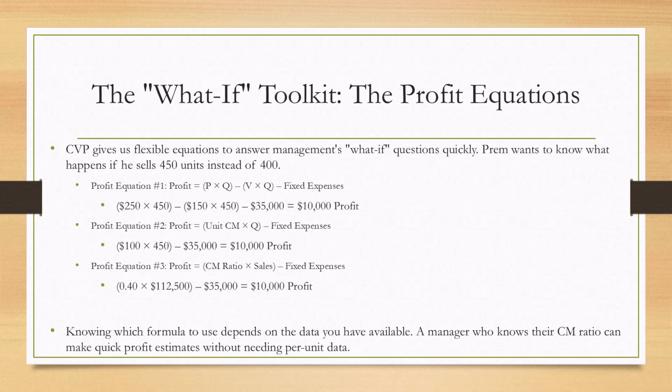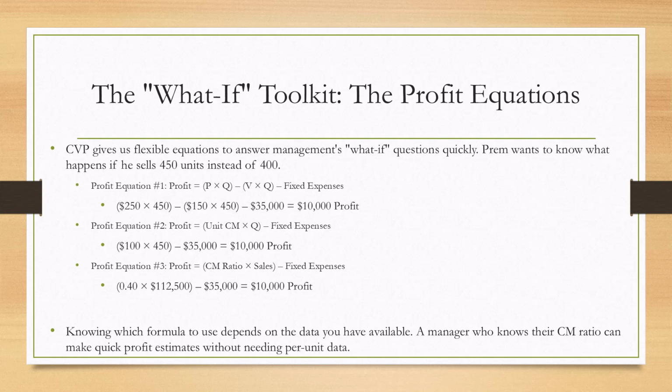CVP analysis also provides us with a set of flexible profit equations to rapidly answer those what-if questions that come up in meetings all the time. For example, Prem wants to know what happens to profit if he sells 450 units instead of the current 400. We can solve this in several ways. We could use the detailed equation, price times quantity minus variable cost times quantity minus fixed expenses.